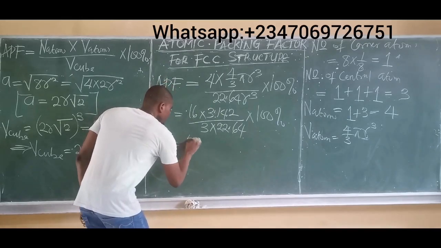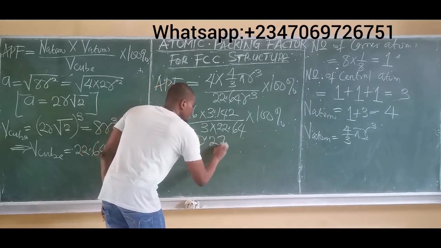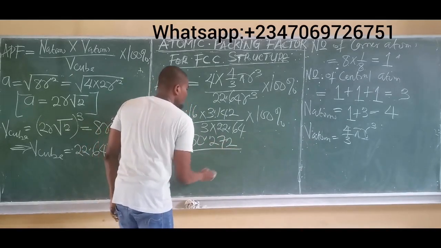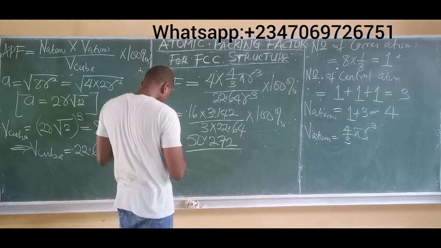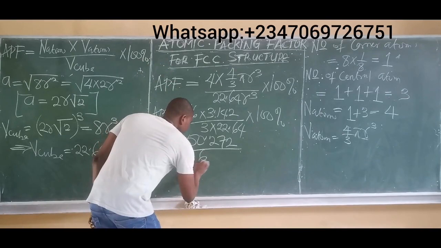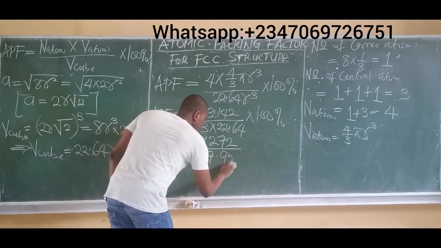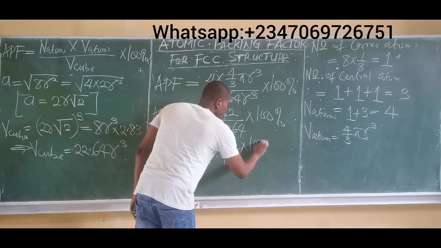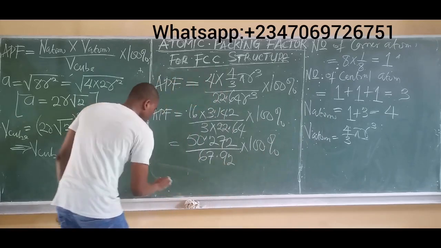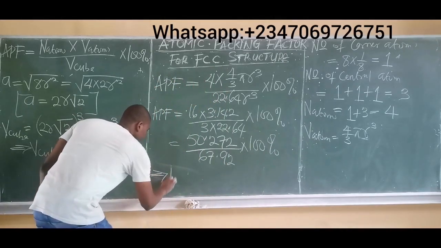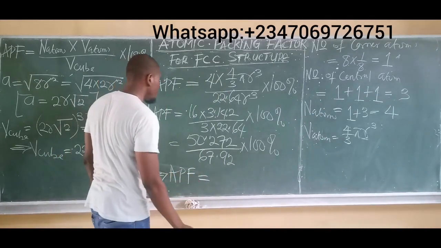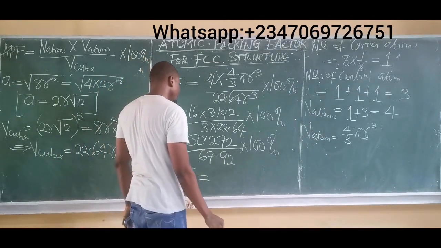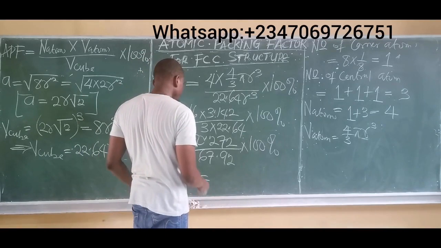That gives us 50.272 all over, let's obtain 3 times 22.64. That gives us 67.92. Not forgetting, multiply by 100%. So this simply implies that for a face-centered cubic structure, the atomic packing factor is equal to, now we find 50.272 divided by 67.92.